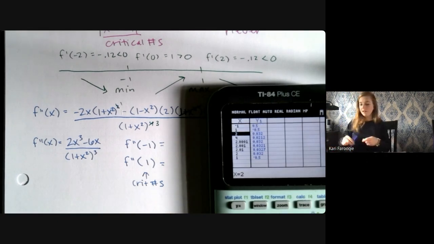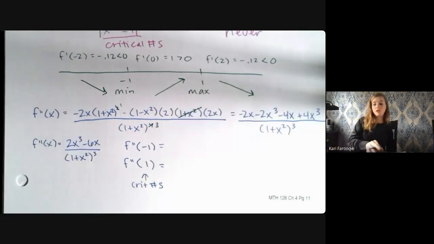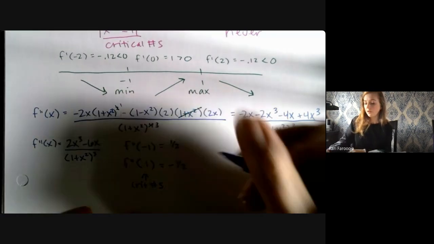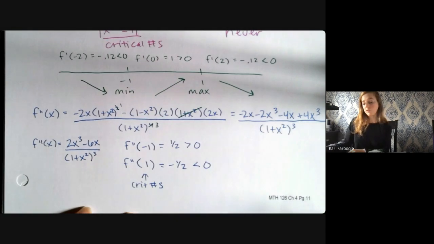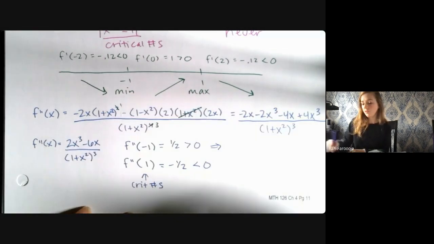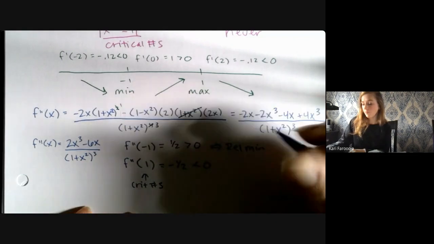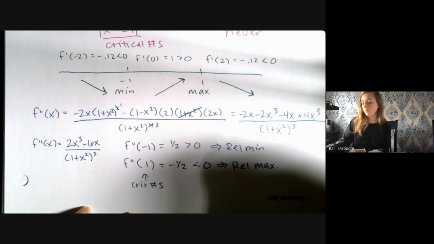At -1, you get y equals 1/2. And at +1, you get -1/2. 1/2 is greater than 0, -1/2 is less than 0. Therefore, this critical number results in a relative minimum, and the second one results in a relative maximum.